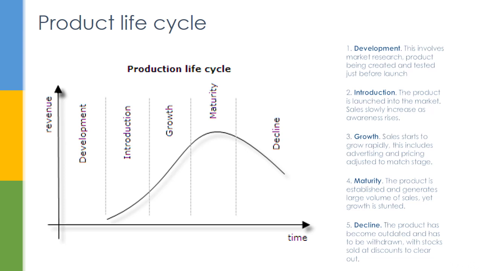So once sales grow to a healthy level and start to level out, it enters a maturity stage. This is the stage where there's a large volume of sales, but there's not much opportunity for growth.